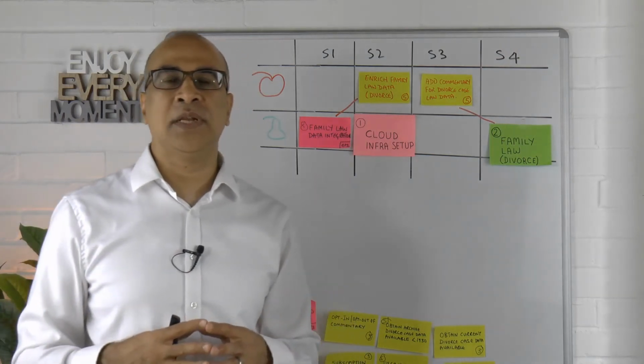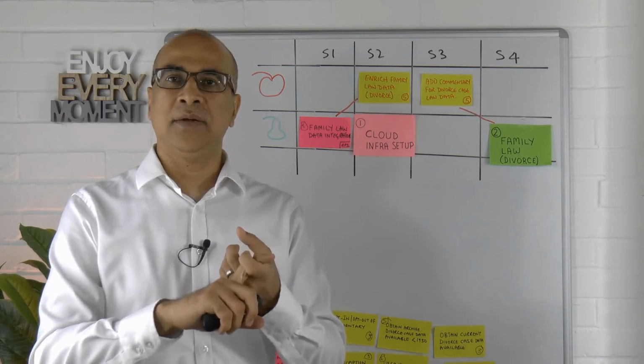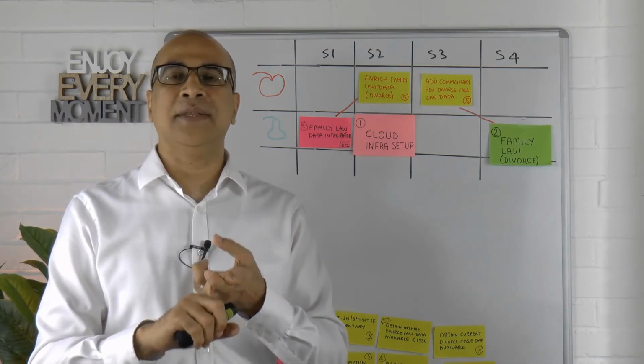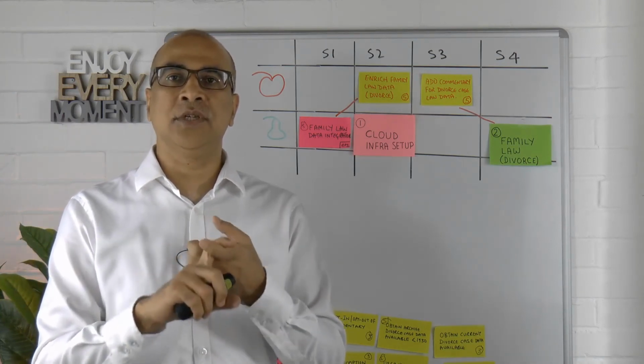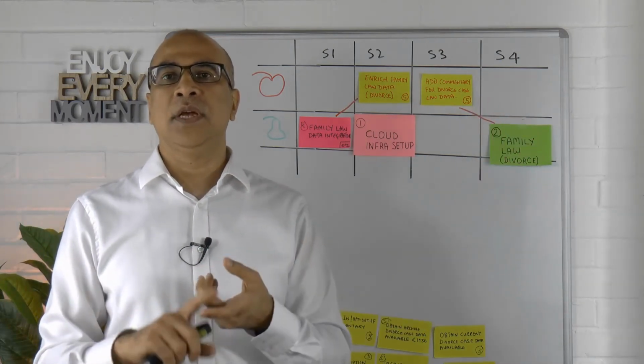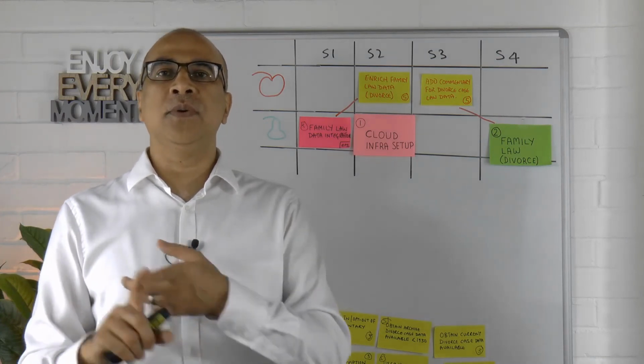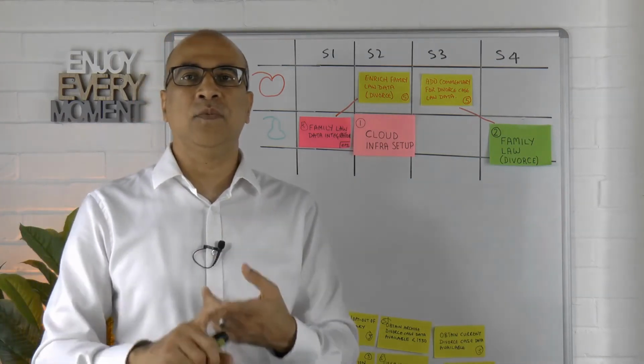Now remember, if you've got a plan that is clear, if you've made sure you have looked at the capacity and taken into consideration what you were able to do in the previous PIs, and you've done that well, then the thing that gets between you and the goal is actually the risks.